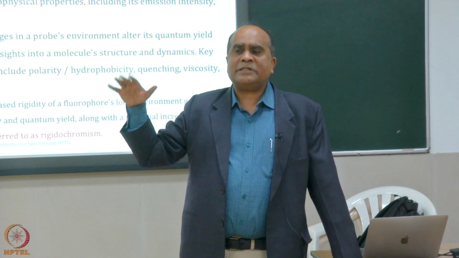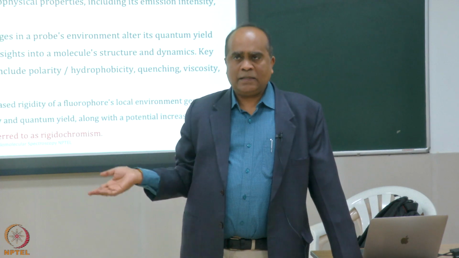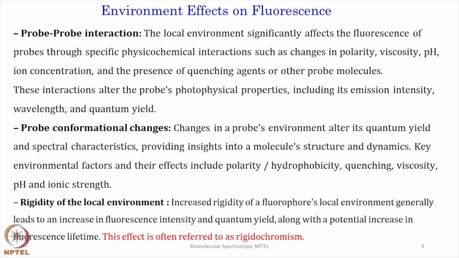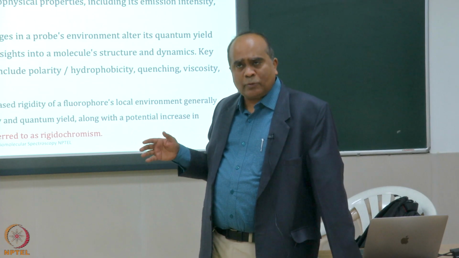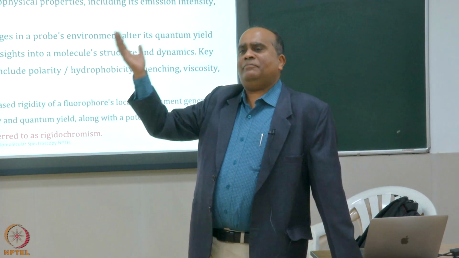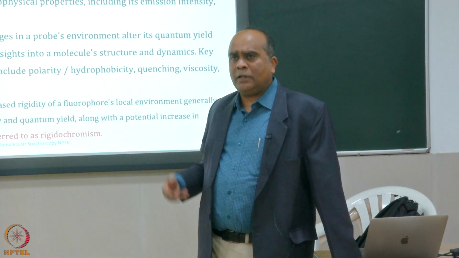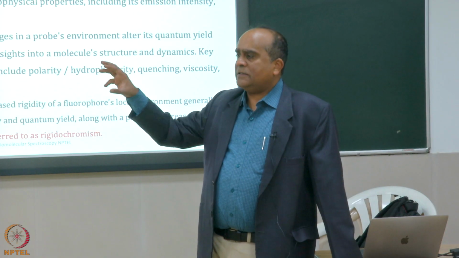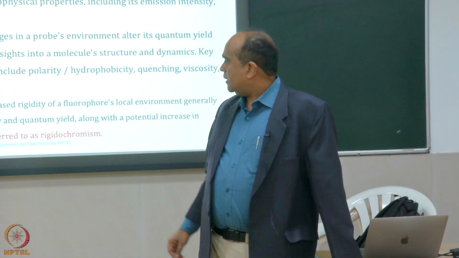If the fluorescence lifetime is too short, it can have an impact. The probe conformational change in the microenvironment changes the quantum yield. Therefore, you can use it in a good way to look at which is decaying faster, which is decaying slower, and you know the location of that probe in the particular environment.